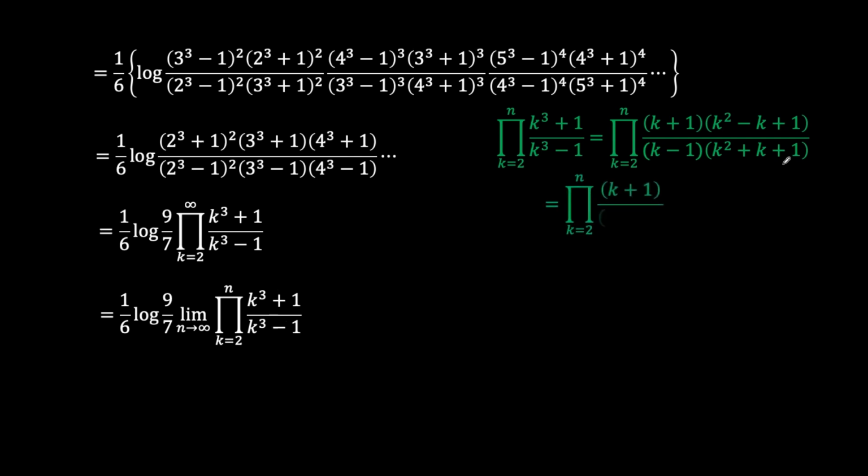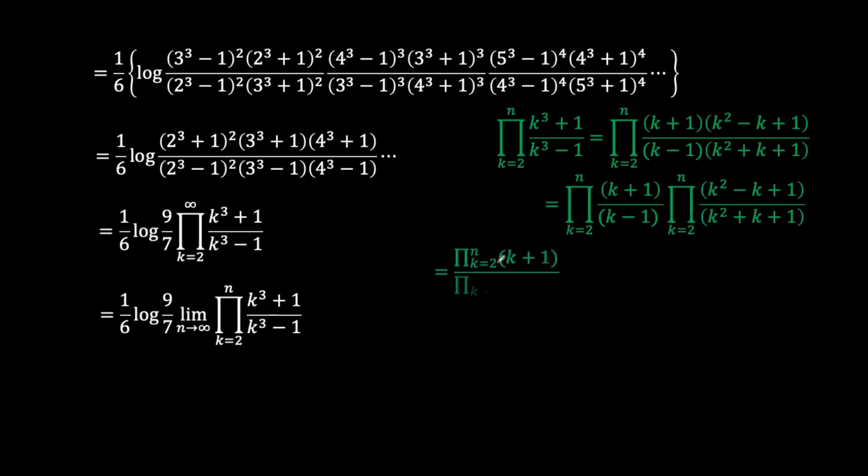And then since this is just a product, we can now multiply this separately. So we have the product from k equals 2 to n of k plus 1 over k minus 1 times the product from k equals 2 to n of k squared minus k plus 1 over k squared plus k plus 1.